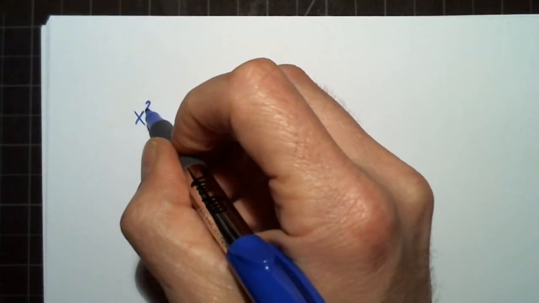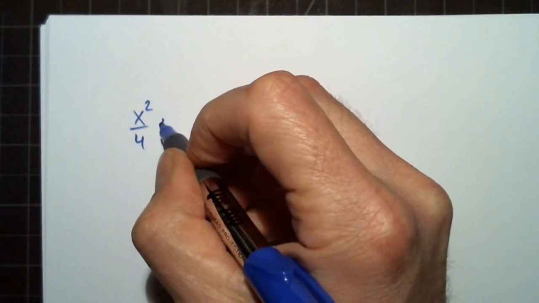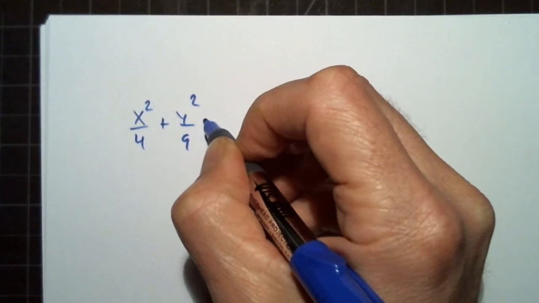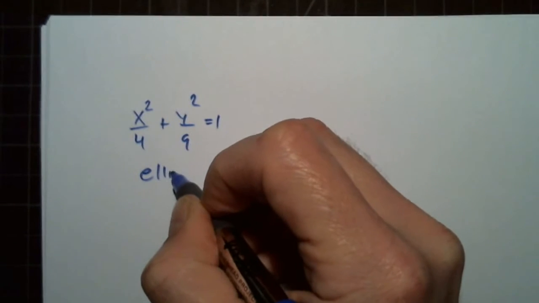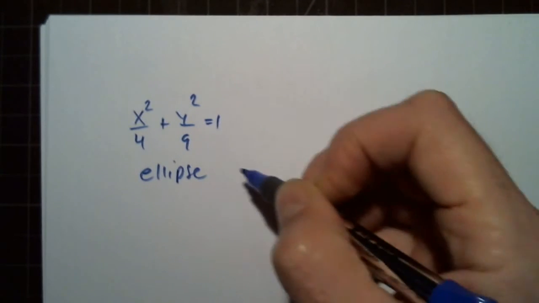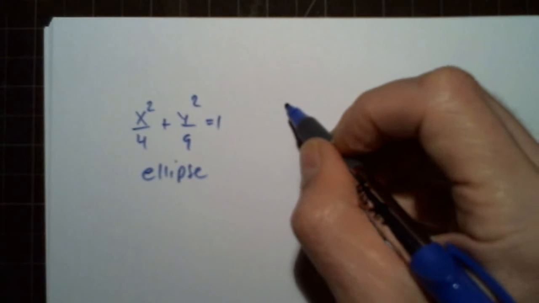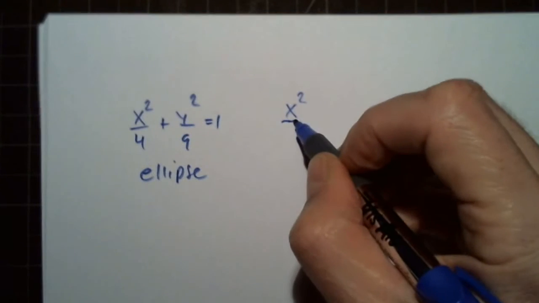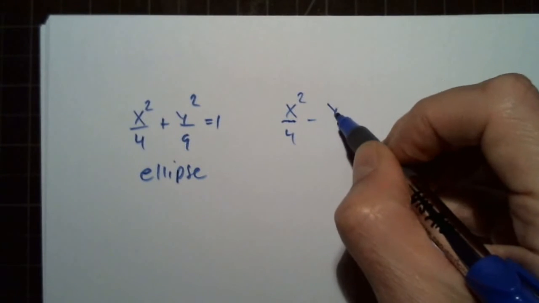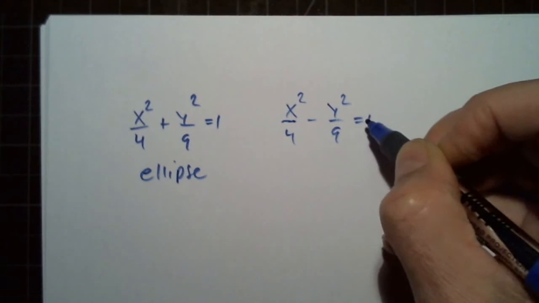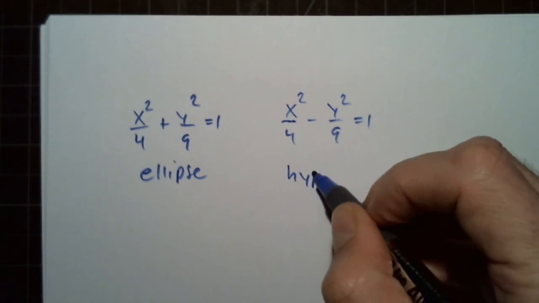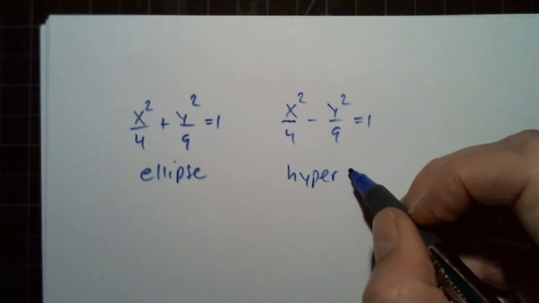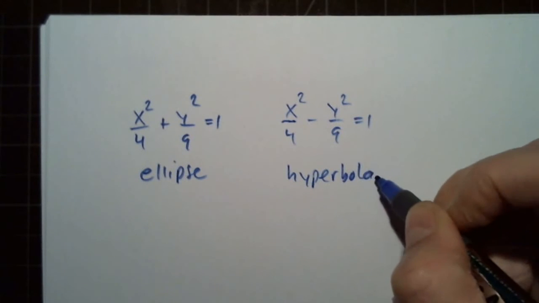And we also have an example of an ellipse. And here, if we change it to subtraction, then that's a hyperbola.